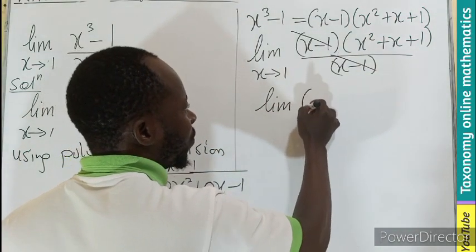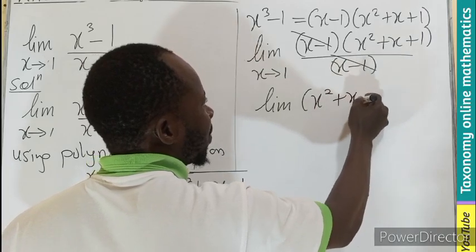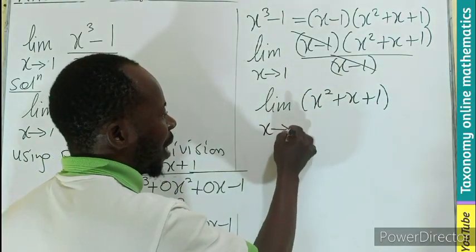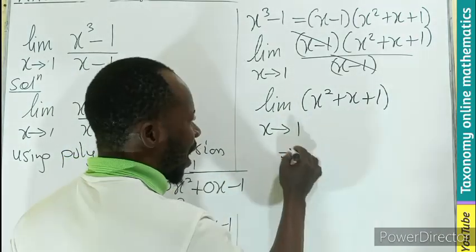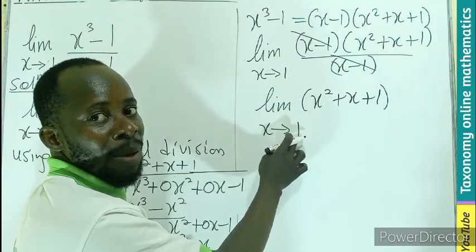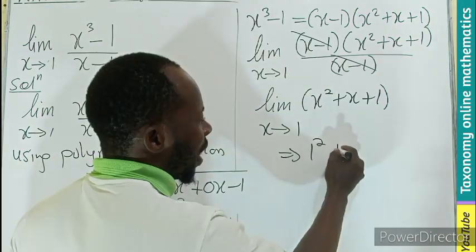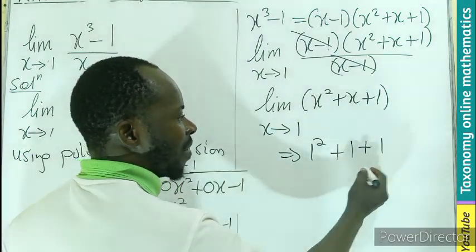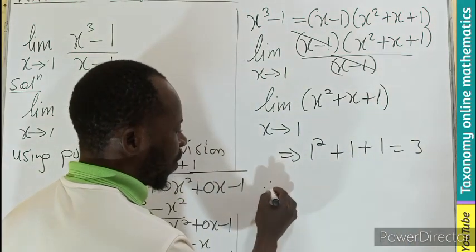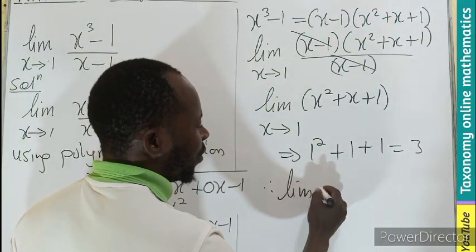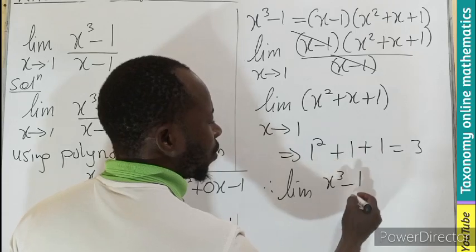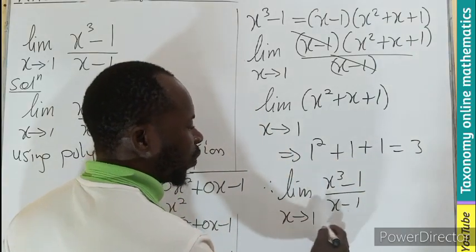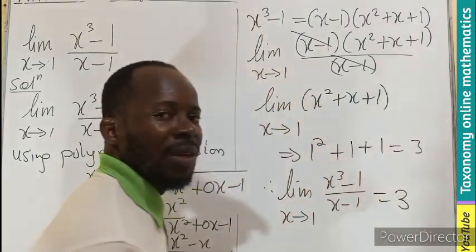So the limit of x squared plus x plus 1, as x approaches 1, will now become, wherever I see x, I put in 1. So 1 squared, plus 1, plus the constant 1. That gives us 3. So therefore, the limit of x to the power 3 minus 1 over x minus 1, as x approaches 1, will become 3.